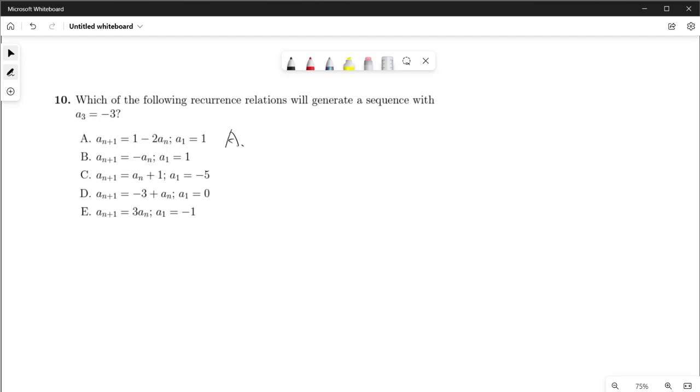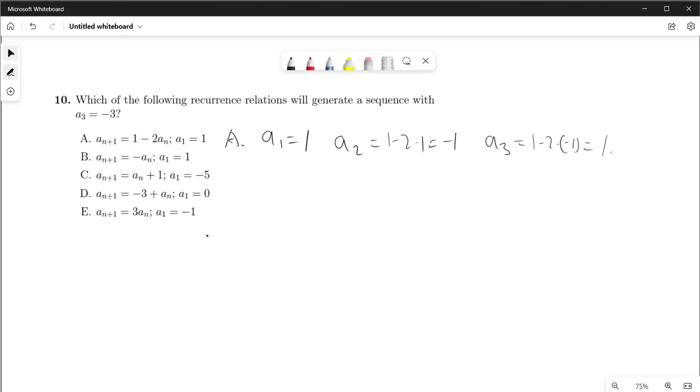For option A, we have the first term is 1, right? The second term would be 1 minus 2 times the last term. So A2, the second term, would be 1 minus 2 times 1, which would be -1. And then A3 would be 1 minus 2 times -1, which would be 1.